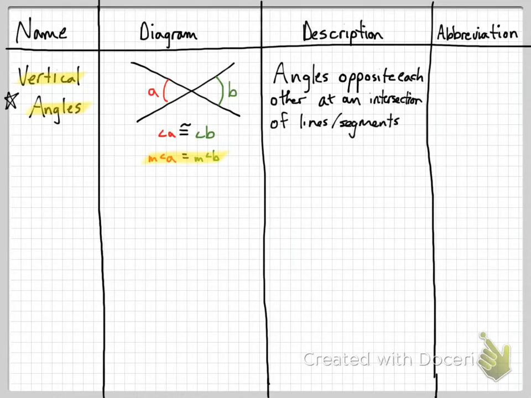So, angles that are opposite each other at an intersection of lines or segments are supplementary, or sorry, that's not true, are equal in angle measure.